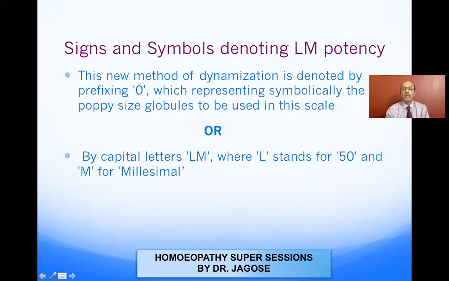The signs and symbols denoting LM potency: the new method of dynamization is denoted by the prefix 0, which represents symbolically the poppy-seed-sized globule to be used in the scale, or by the capital letters LM, where L stands for 50 and M stands for millesimal.